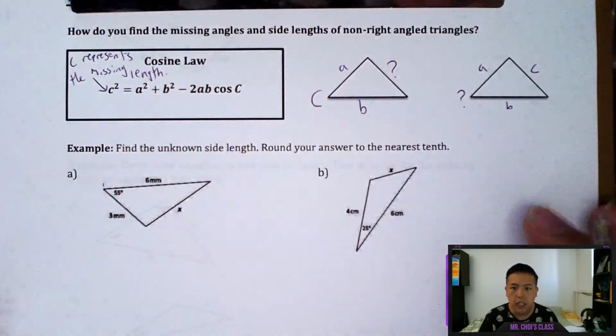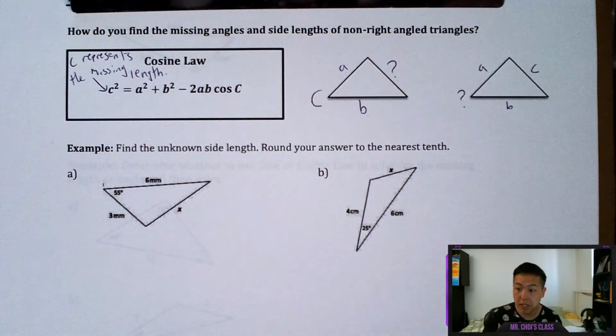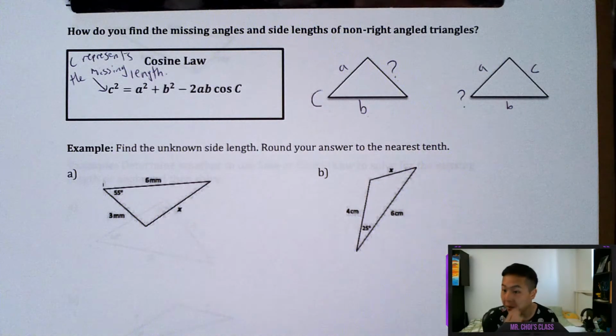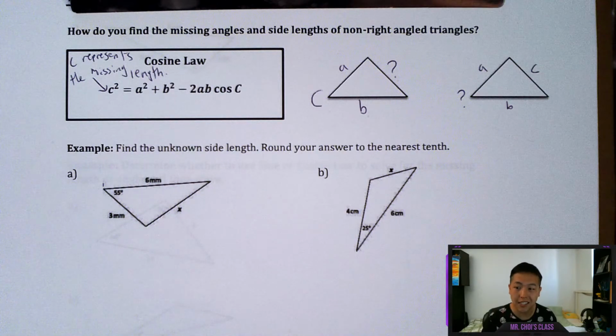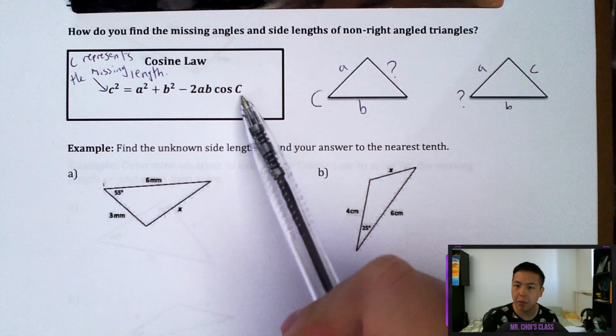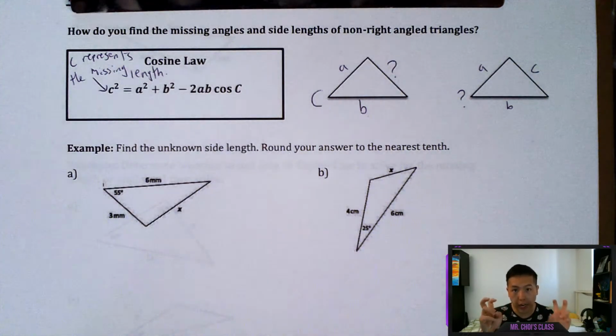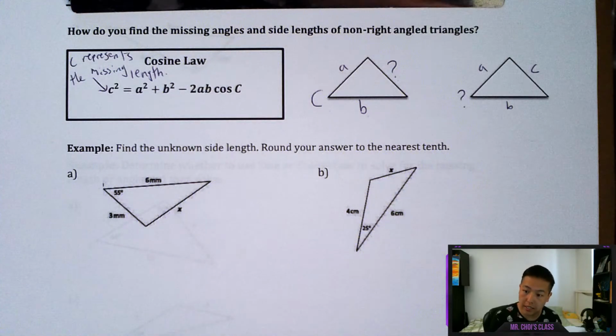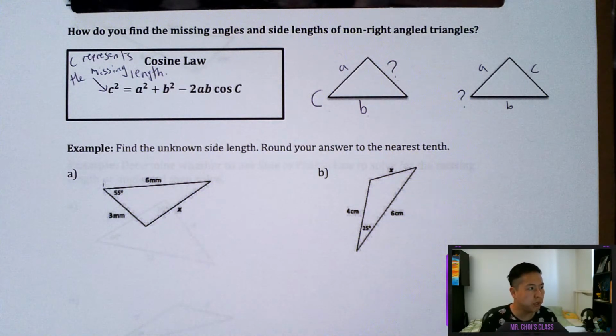The C is always what's missing. Now, this equation can be written in different ways; you don't have to use A, B, and C, but we specifically use C to designate what is missing. That includes your capital C as well, like if you're solving for your angle, capital C. We're always going to designate the letter C as what we're missing.